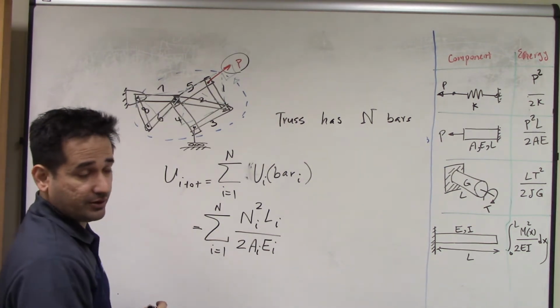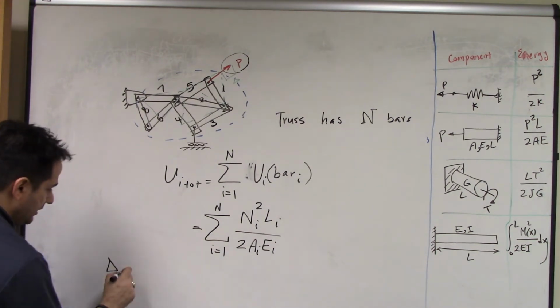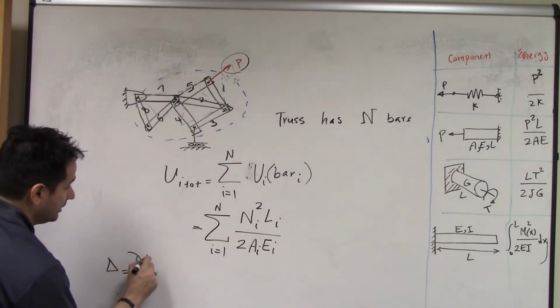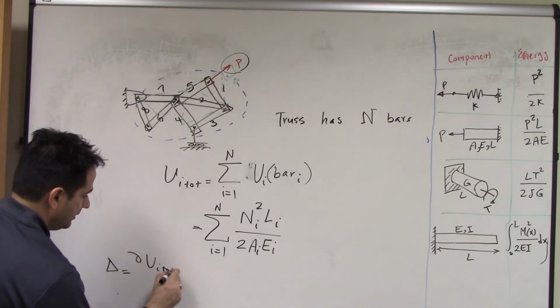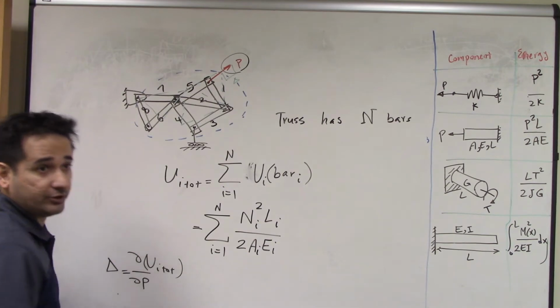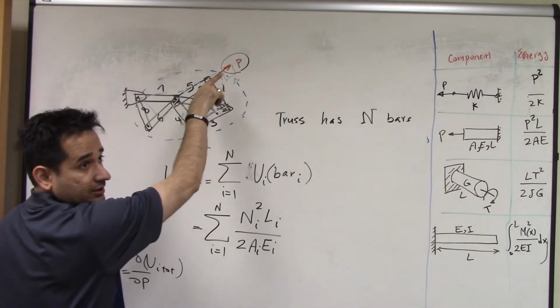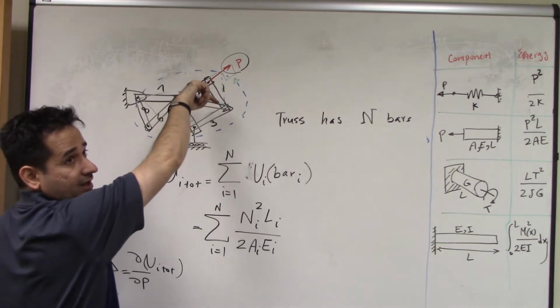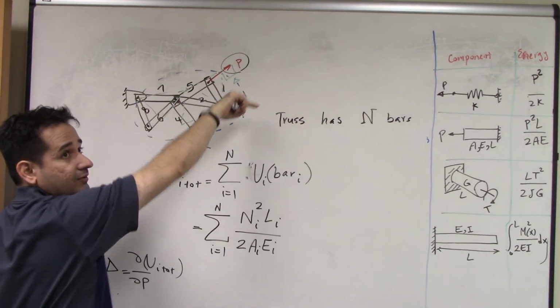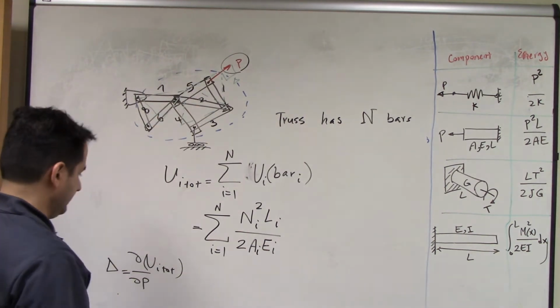Now, Castigliano theorem says deflection at a point is equal to the partial derivative of U total, the internal energy of the system, with respect to P, the load applied at that point. And this is along the load. So if you want to find deflection in X, we apply P in X. If you want to find the deflection in Y, we apply P in Y. Okay?